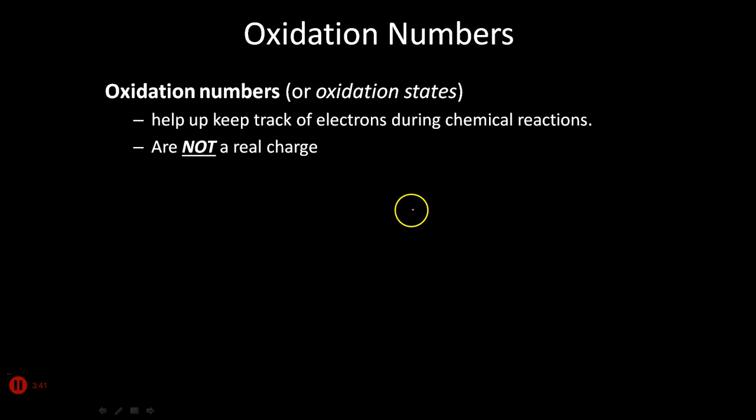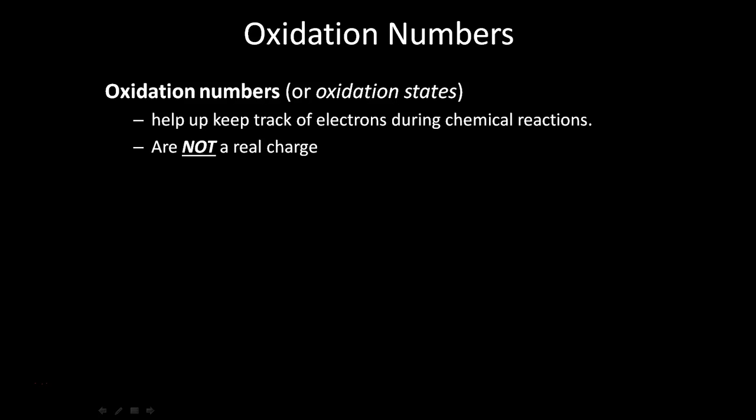There are a couple of bookkeeping things that you need to do for redox reactions. The big thing is actually oxidation numbers, and this is kind of like the formal charges that we saw a few chapters back where we were looking at Lewis structures.